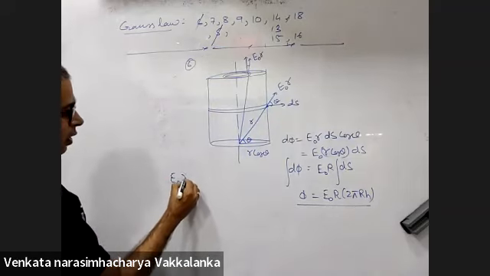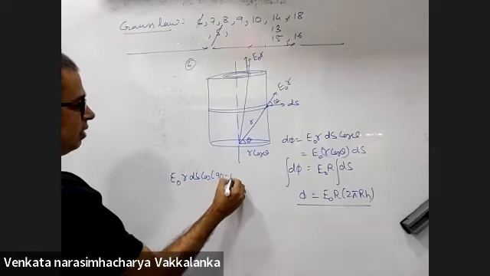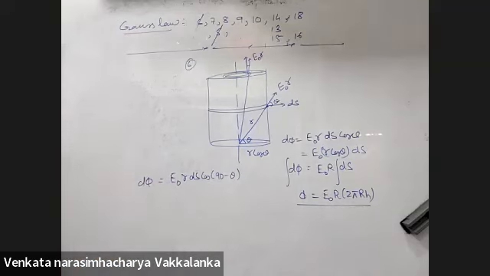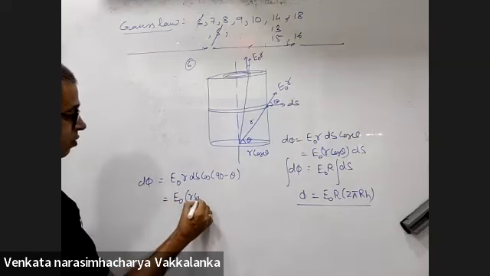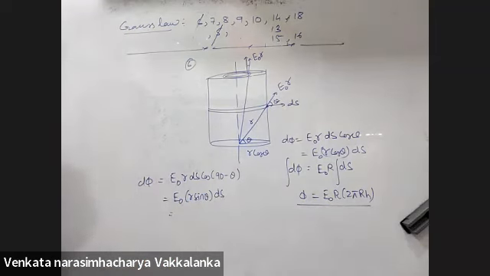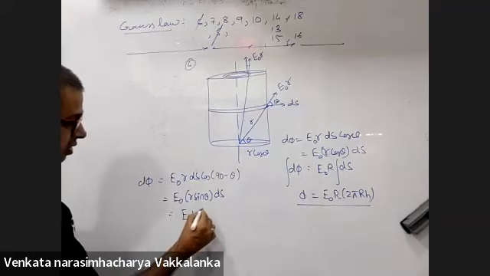So E naught R ds cos of 90 minus theta will be the flux in this particular case. Agreed? This will be E naught R sin theta into ds. What is R sin theta equal to? Can I call it to be H?